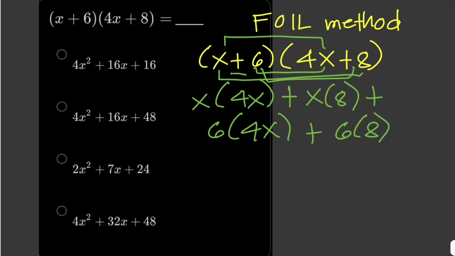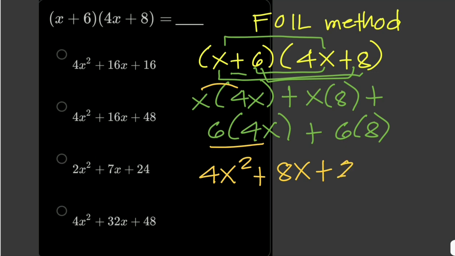And now let's simplify each of the terms. That would be x times 4x, which is just equal to 4x squared, plus x times 8 is 8x, plus 6 times 4x is 24x, plus 6 times 8 is 48.